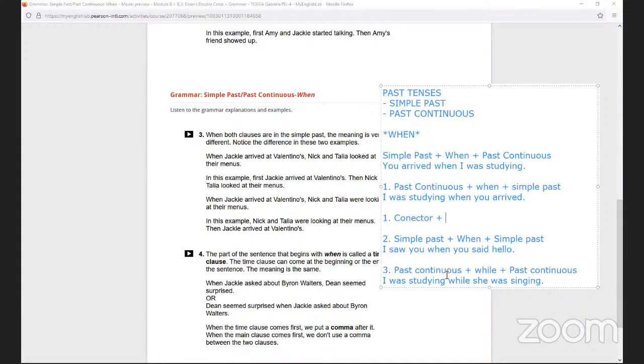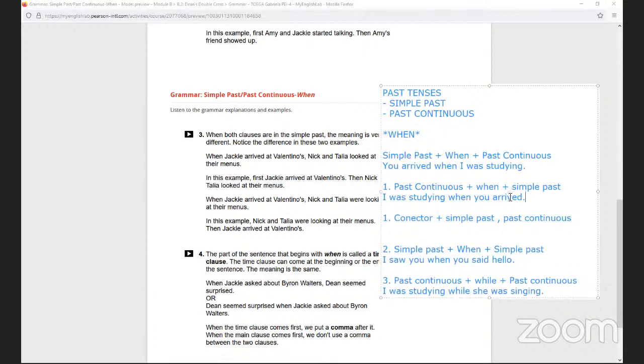In this case, if we start with the connector, the best way in writing is that we start with simple past and after the comma with the past continuous. For example, this sentence is in the correct way for grammar. The connector in this case is when.